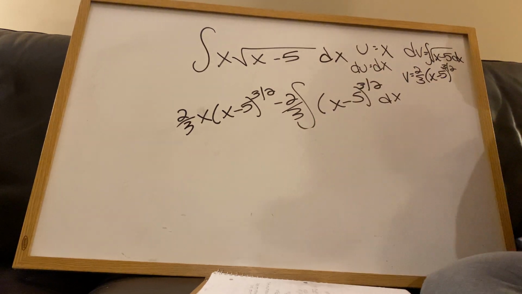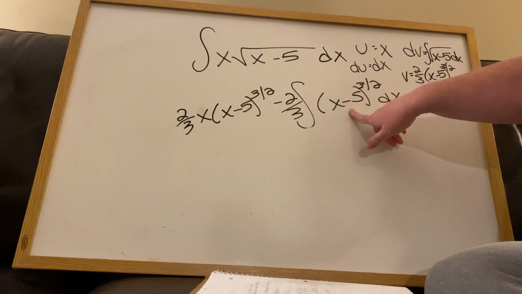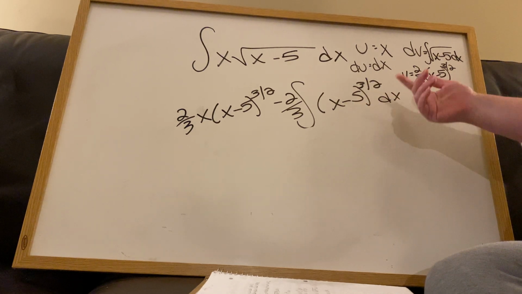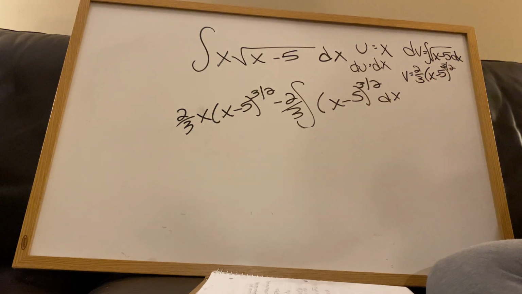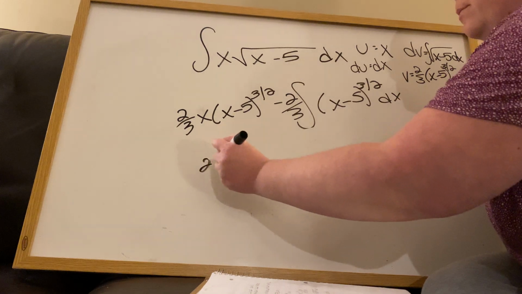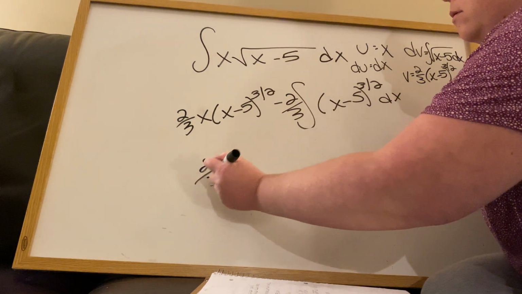So then this one doesn't require you to do integration by parts again. It's just your u value is still x minus 5. Du value would just be 1 dx. So then you're integrating u to the 3/2. So you'd add and flip. So this one doesn't change.